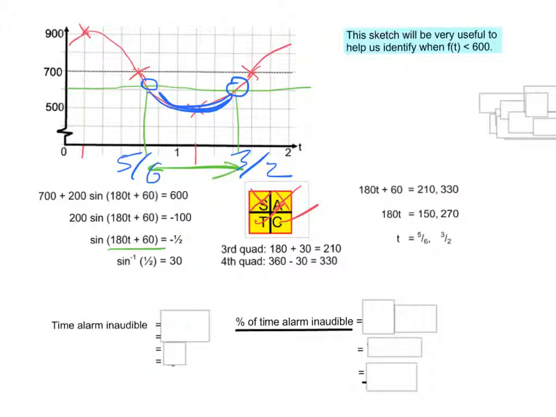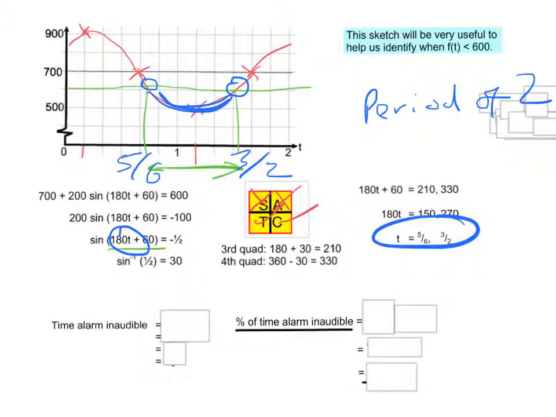Now, we can finally answer, I suppose before we even answer the question, remember, if we were looking for multiple solutions, we're dealing with 180t here, and we've got a period of 2, so it means these solutions here would repeat every 2. So if I kept adding 2 to these solutions here, I'd get a new set of solutions. However, we're not interested in those, we're just interested in what happens on one cycle.